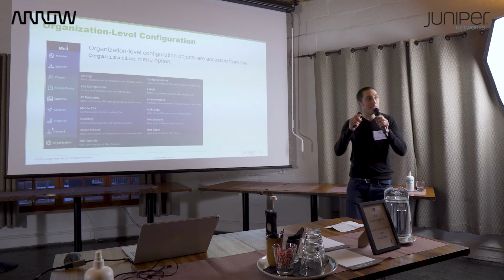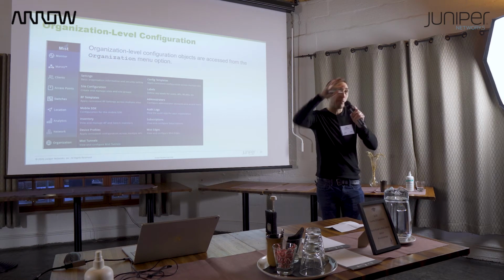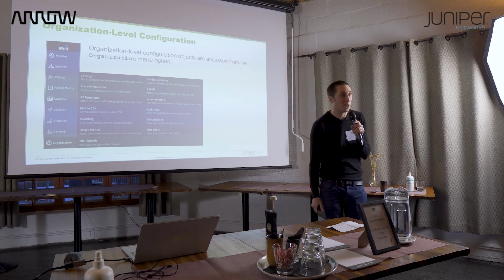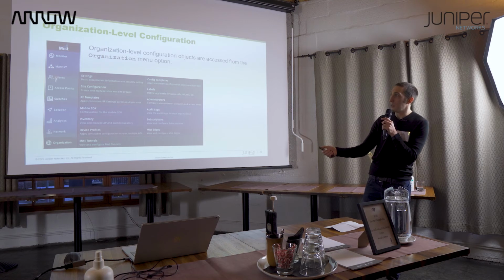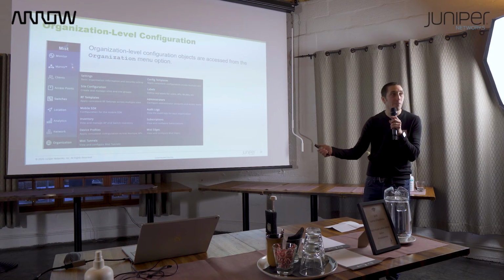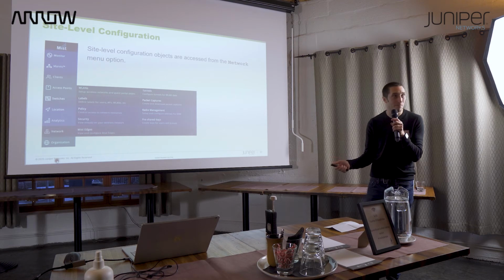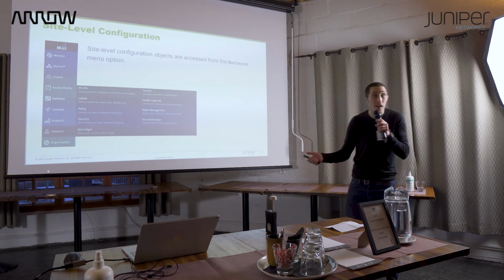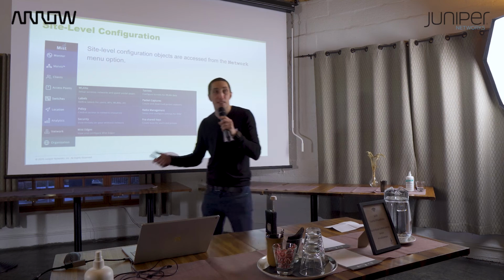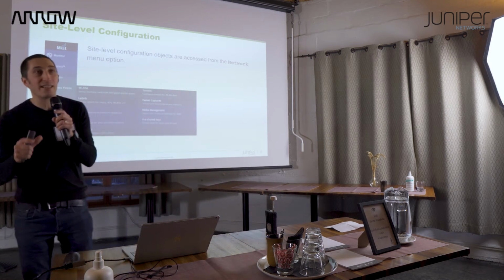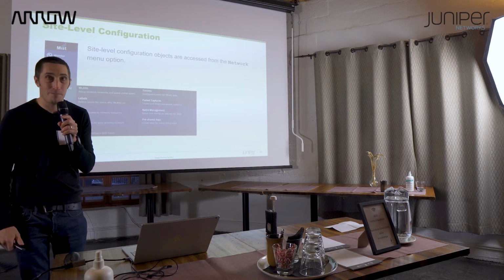A site is an organisation object, but then within a site, I can create site level objects. There's no site menu option. So where do I configure sites? Well, I configure site stuff under network. Don't ask me why, I didn't write the UI, but it's called network, not site. But when you think site level objects, think network.